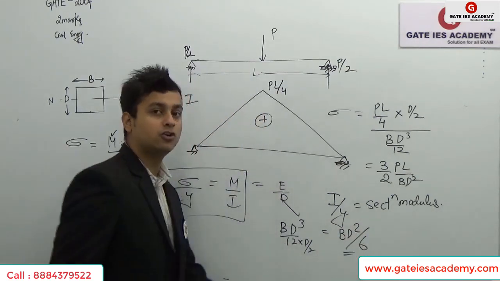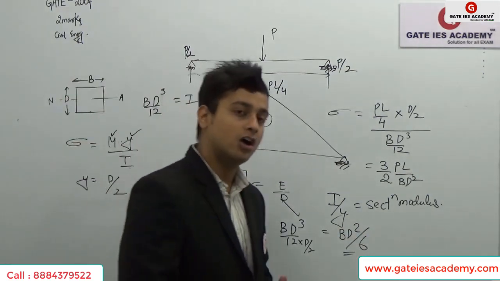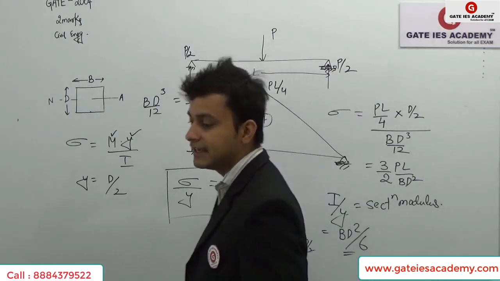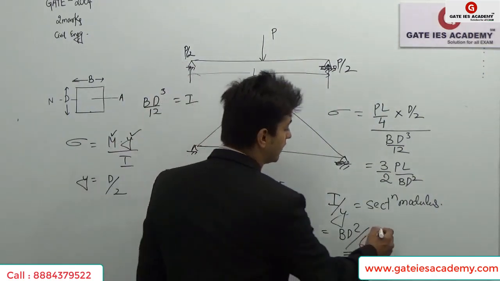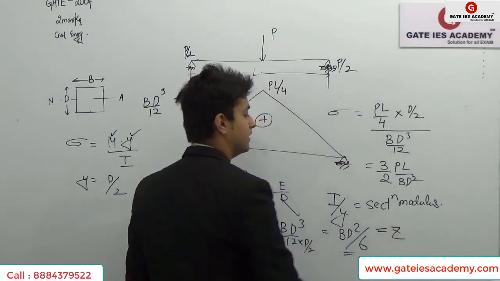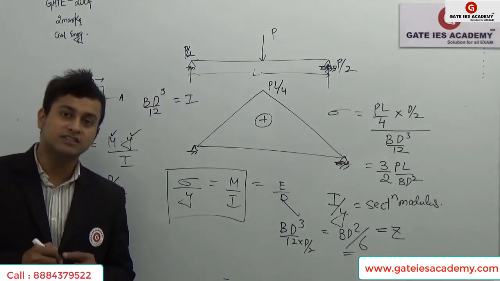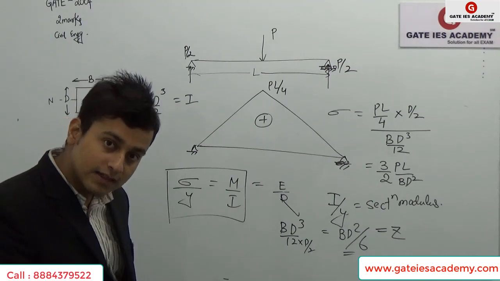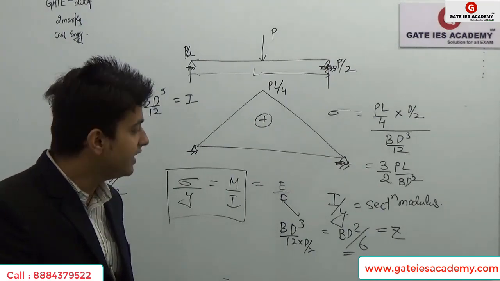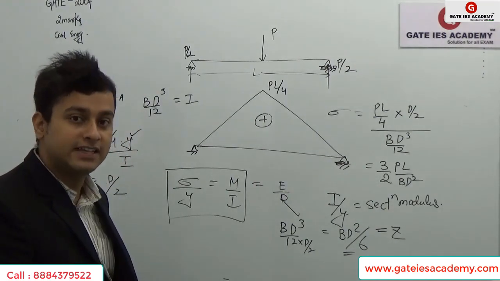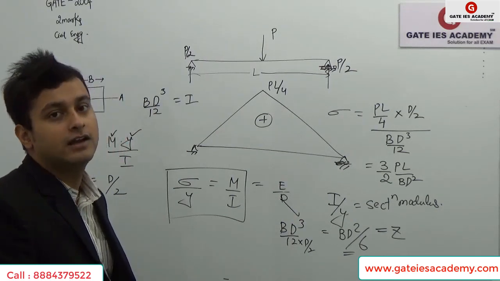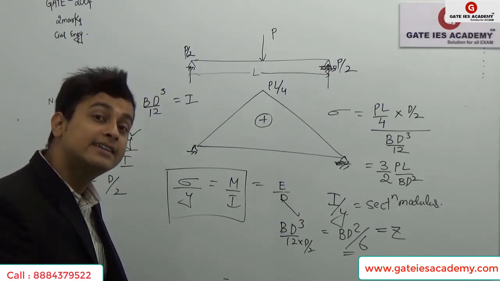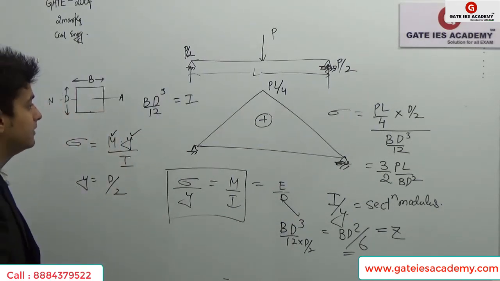But this is valid for top and bottom positions, or you can call them extreme positions. This is called the section modulus Z. So always remember this. What is the section modulus? This denotes the strength of a system. That is called the section modulus Z, which is BD square by 6 for this particular rectangular section at extreme positions. Okay, thank you.